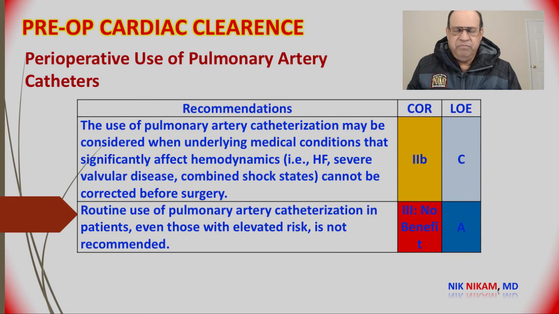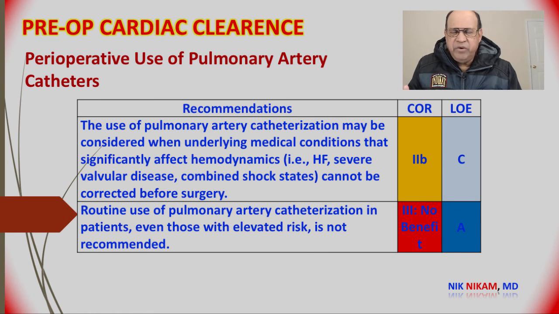Some places religiously believe in the Swan-Ganz catheter, in getting the pulmonary wedge pressure, in getting the pulmonary artery pressure, and determining the volume status. And there are institutions which depend on simple heart rate, oxygen saturation, urine output, and blood pressure to make their decisions about volume status or vasopressors. However, if the patient is undergoing major thoracic surgery or an abdominal surgery such as a vascular procedure, it may help us to monitor their hemodynamics.